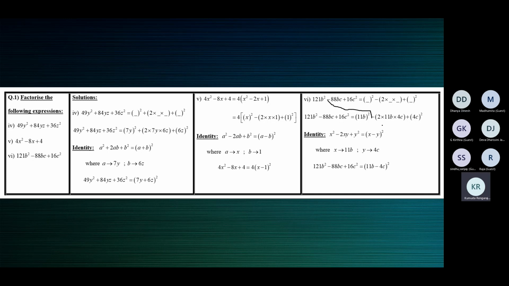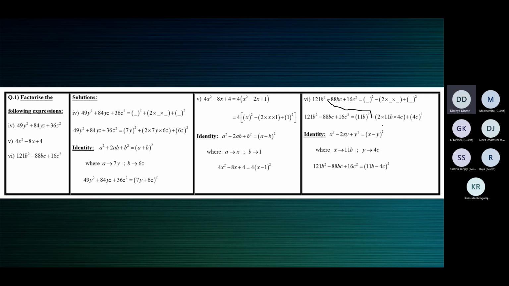Continue, Tanya. So the given expression is of the form a square minus 2ab plus b square, here let's say it is like x square minus 2xy plus y square, which is x minus y the whole square. Very good.